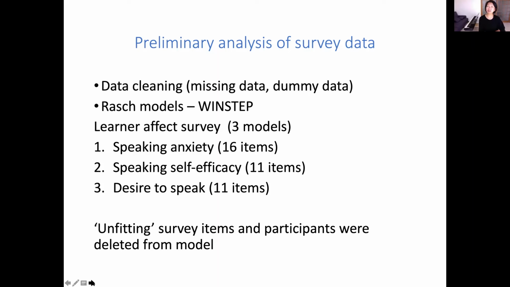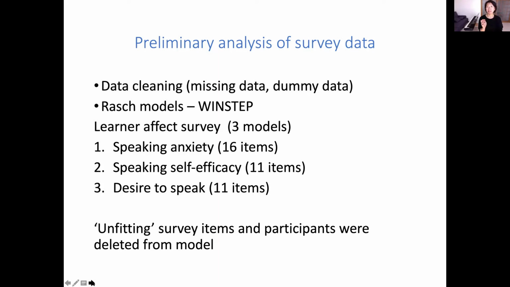In order to measure speaking anxiety, I prepared 16 items based on previous literature. Trying to measure this construct of speaking anxiety. But how do I know that the items I prepared really measured speaking anxiety? Okay, how do I know that a participant really answered them properly? Okay, that's why I use Rasch analysis.